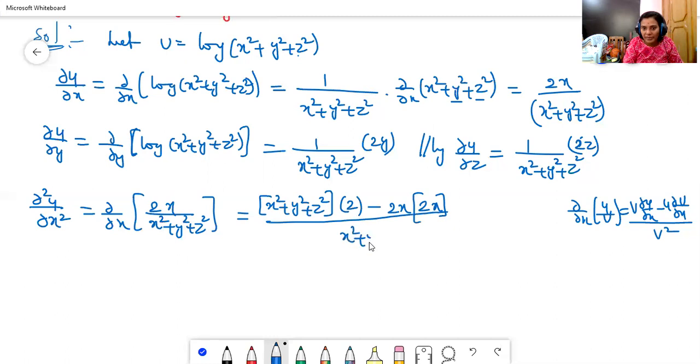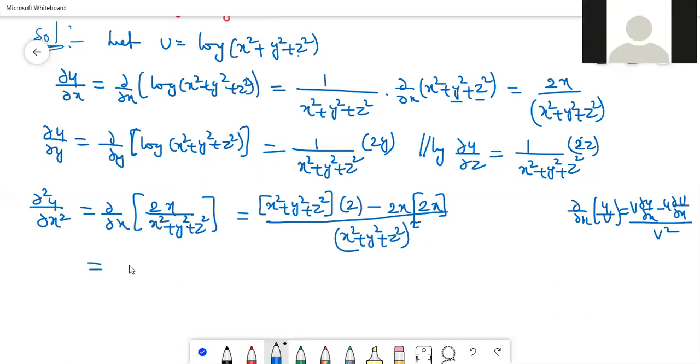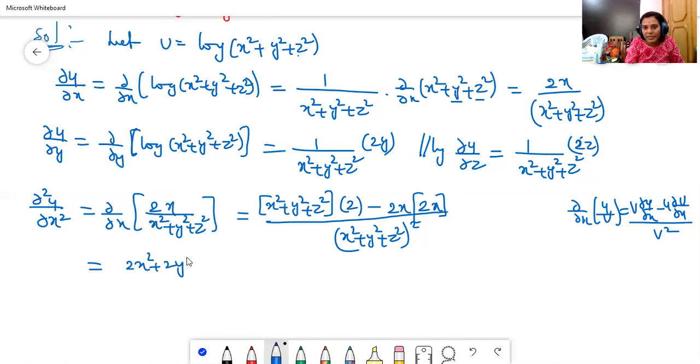Denominator, x square plus y square plus z square whole square. It's equal to 2 into x square plus 2y square plus 2z square minus 2 into 2x square, over x square plus y square plus z square whole square, is equal to 2 taking common.